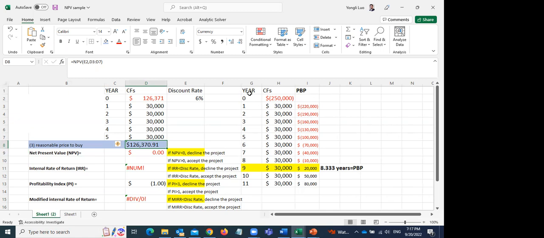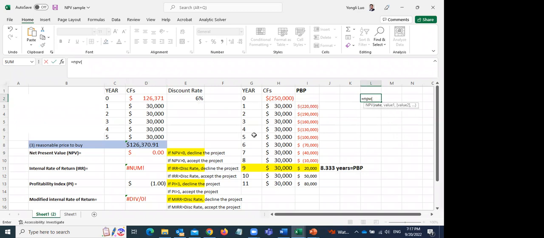To follow the format, I organized this Excel spreadsheet with all the years in the left-hand column and the cash flow in the right-hand column, and then just subtract, and this is the payback period. The net present value uses the NPV function, which takes the rate, and then you select all those values.